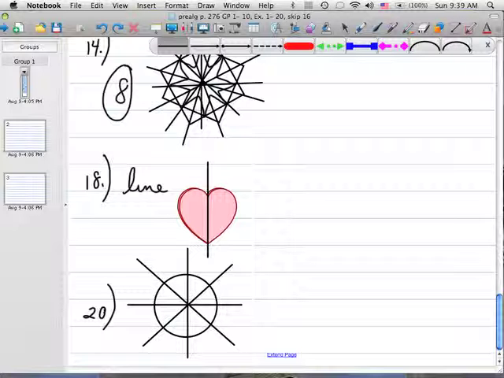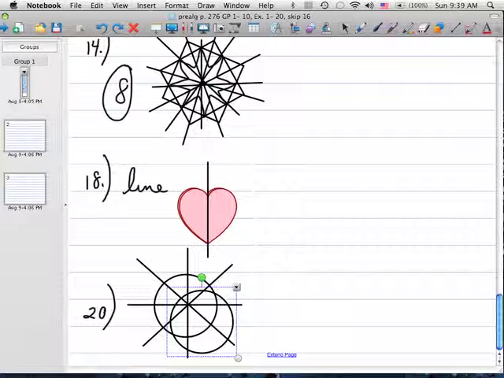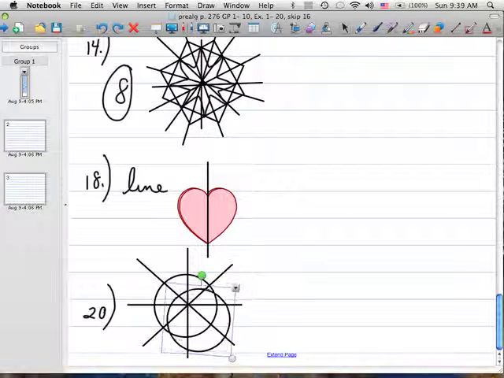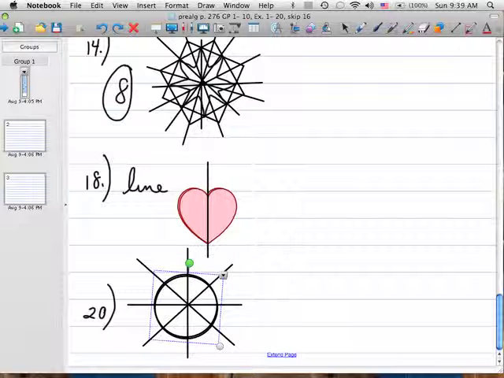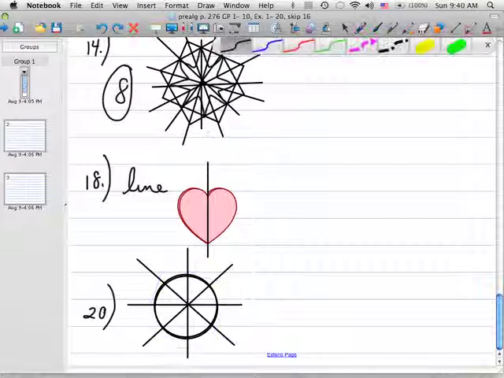And as far as rotational symmetry goes, a circle will fit on itself within 1 degree, so rotational symmetry definitely. So the minute I start turning it, it keeps fitting on itself. Fits on itself no matter what I do. So for this, it would be both.